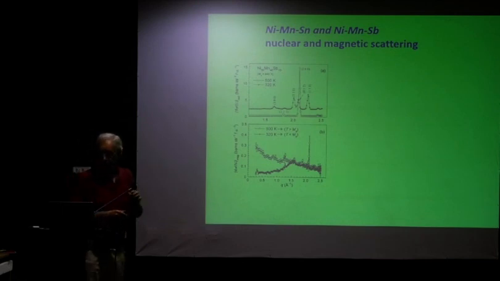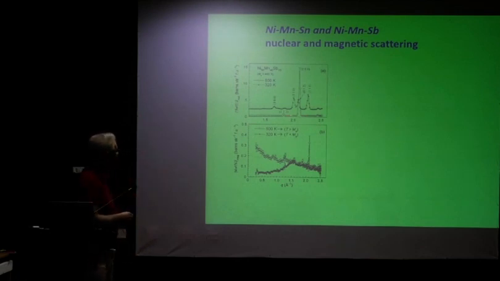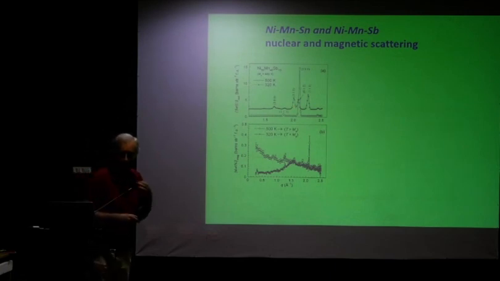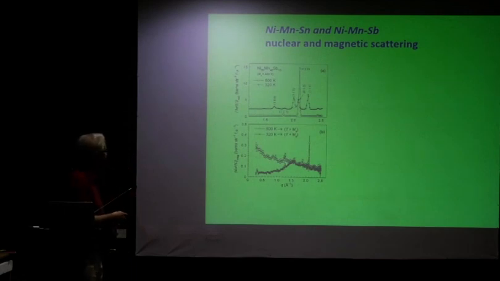This is, of course, a very small angle, so that we observe only the first several peaks. And when we go into the martensite state, in nickel, manganese, antimony, this is all related. In this case, I think it's just the L10 state, the tetragonal state. This is the nuclear part of the scattering, the structure.